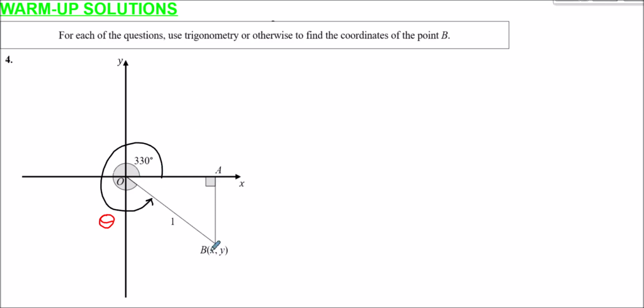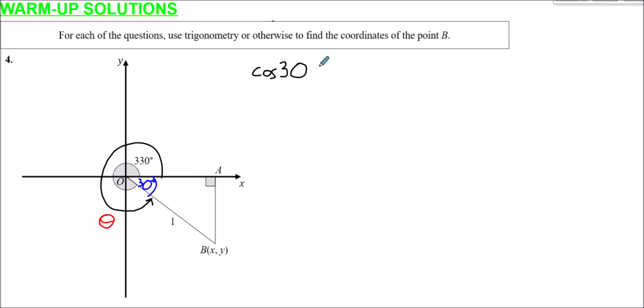This is a right-angled triangle. If this here is 330 degrees, and knowing that there's 360 degrees in a full circle, we can easily see that this angle here must be 30 degrees. We can now think about working out the x-coordinate of this point B by thinking about the cosine of this 30-degree angle.